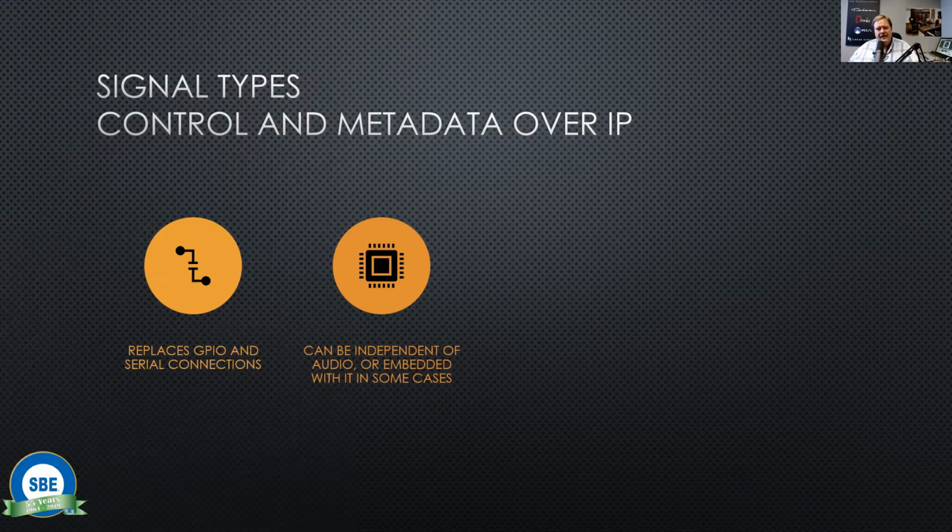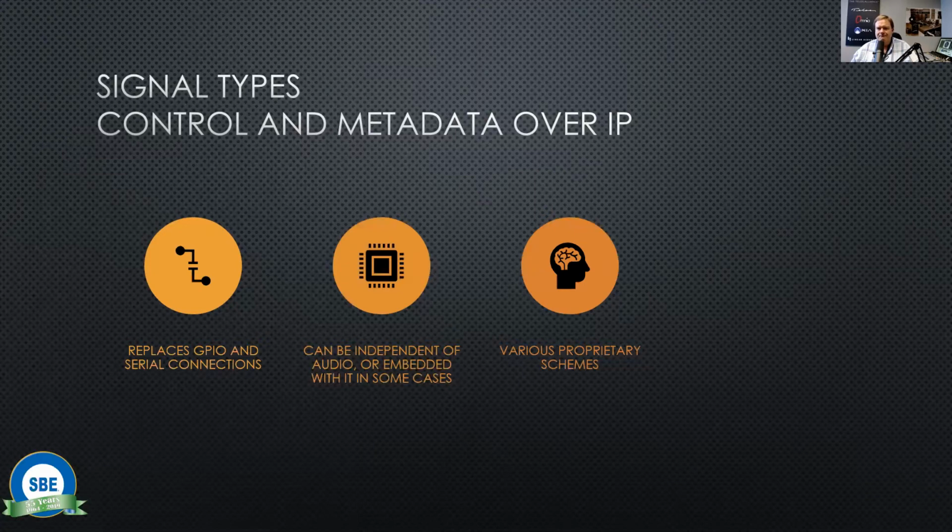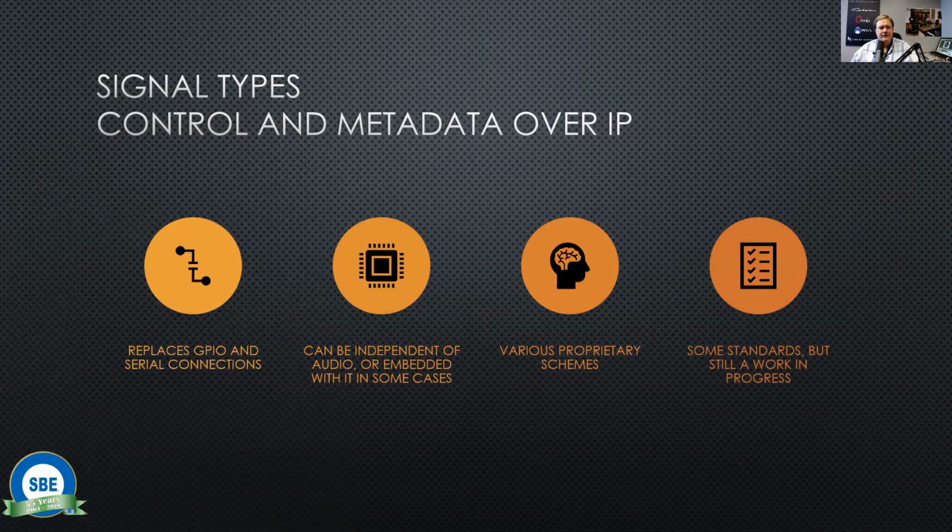But things like Livewire and WheatNet and Dante all have their own embedded control information as well for things like microphone preamp gains and GPIO, but that is specific to each of those manufacturers. So they each have their own proprietary schemes. There are standards for carrying this control data across a network, but it's still very much a work in progress.